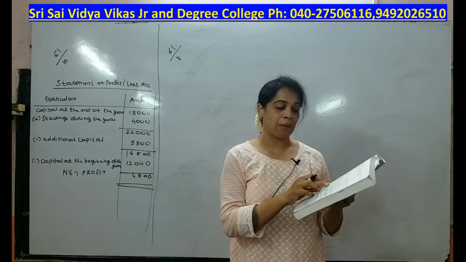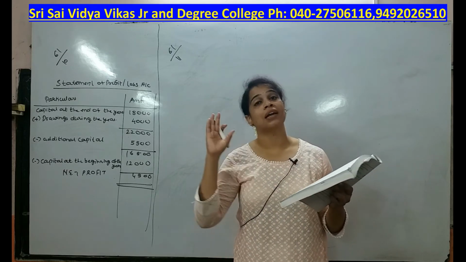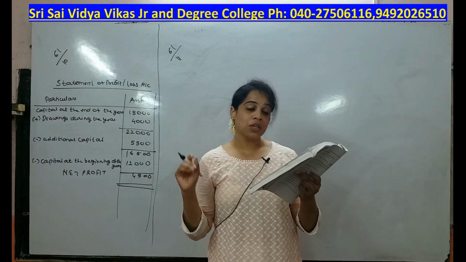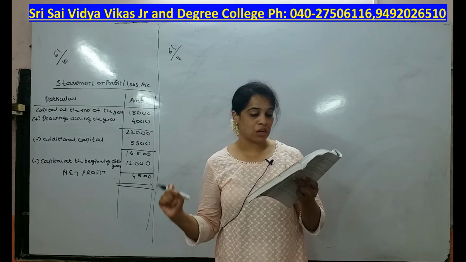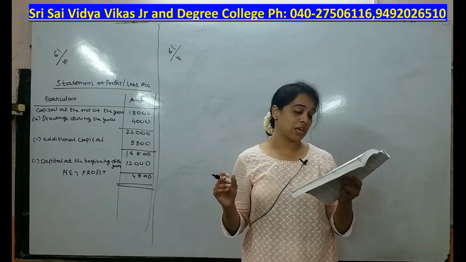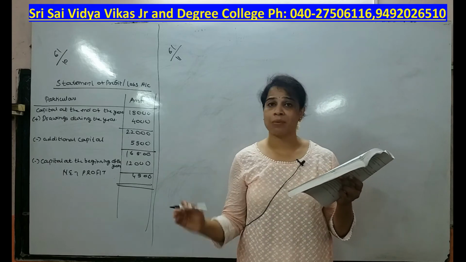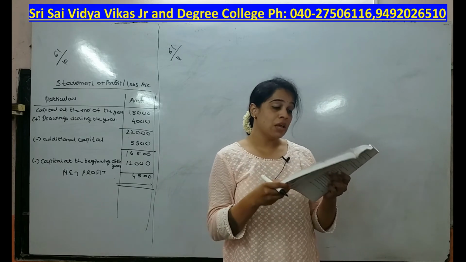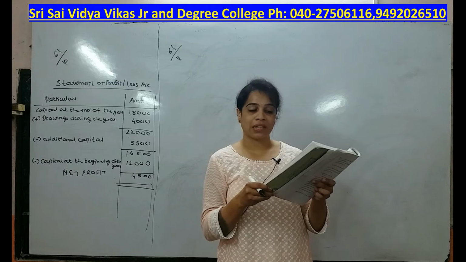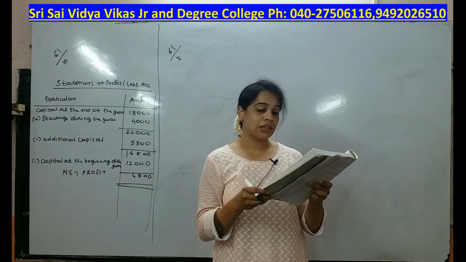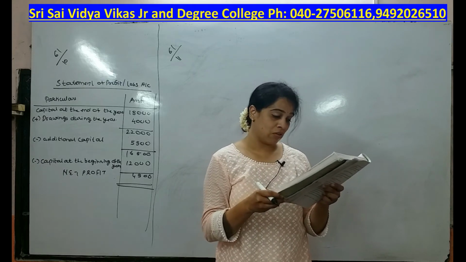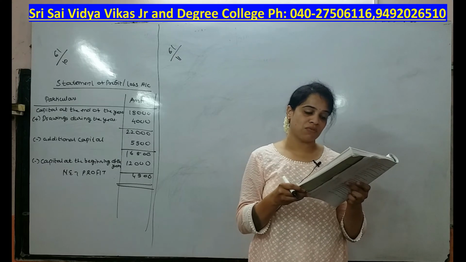It means this capital is nothing but the capital at the beginning of the year. During the year, rupees 8,300 introduced as an additional capital. Here they have clearly mentioned what is an additional capital. His drawings during the year were 9,700, and at the end of the year, his capital was 29,500.